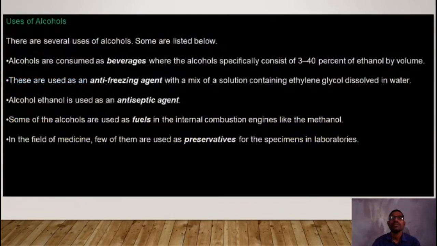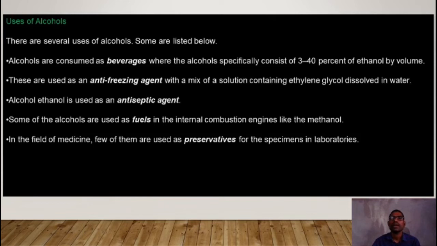Now we see uses of alcohols. There are several uses. Some of them are listed below. Alcohols are consumed as beverages, where 3 to 40% ethanol by volume is used. They are also used as an anti-freezing agent, as a mixture of ethylene glycol dissolved in water. Alcohols are also used as antiseptic agents.